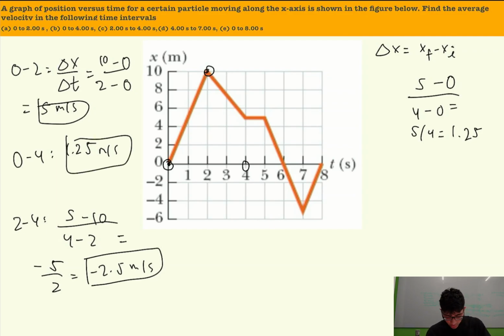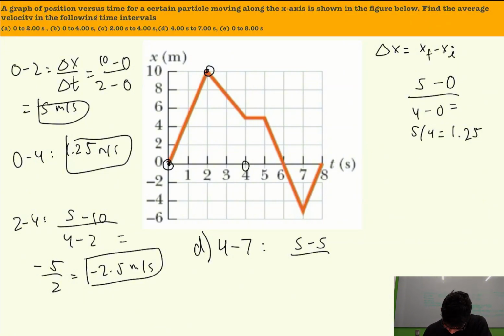Lastly, there are actually 2 more questions. Okay, 4 to 7. Where are we at 4? We're at 5, so let's write the 5. Where are we at 7? I don't even know if that's a 6 or a 5, so I'm gonna go with 5. It doesn't matter, it's never gonna be that bad on your exam, and you can ask the teacher.